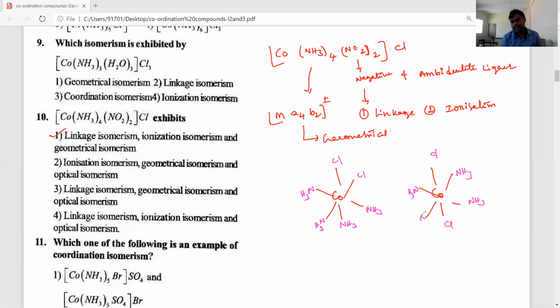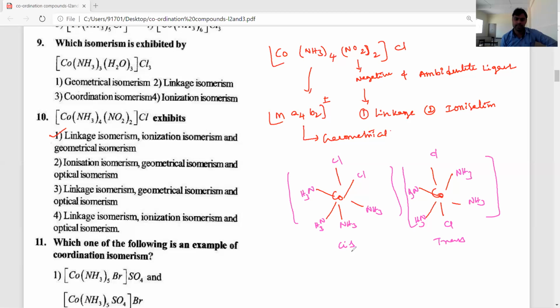So these are the cis and trans arrangements of Ma4B2. Ma4B2 is the general representation of the complex. M is the central metal atom, with four similar monodentate ligands and two similar monodentate ligands, then it exhibits geometrical isomerism.